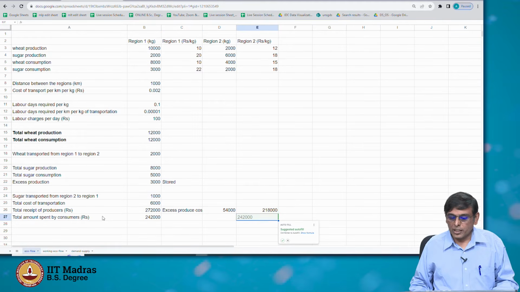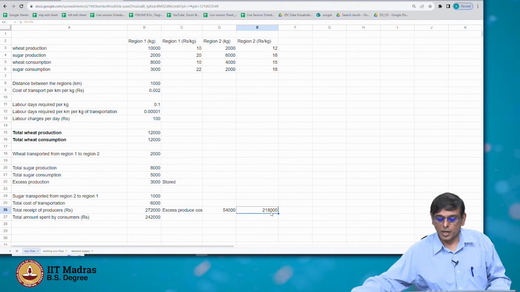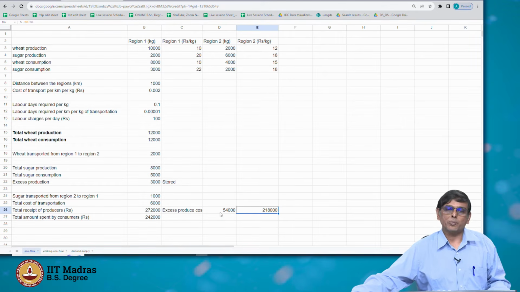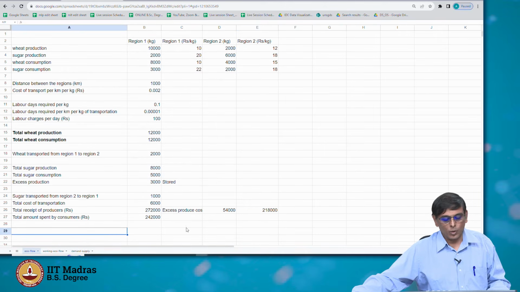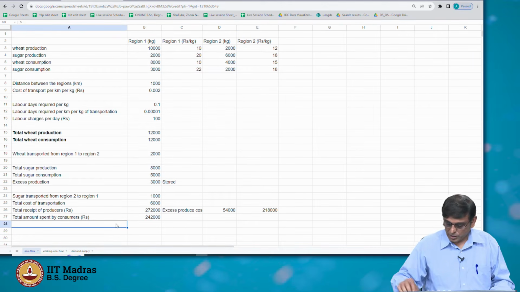So, 2,18,000 rupees is the net. This is the net amount basically. So, out of 2,72,000 rupees that the producers produced, 54,000 is kept in storage. It has not yet been realized in a sense, right. It is kept in inventory. It is kept in storage. 2,18,000 rupees was realized. Now, 2,42,000 rupees was spent by consumers. So, what is the difference between 2,42,000 and 2,18,000?